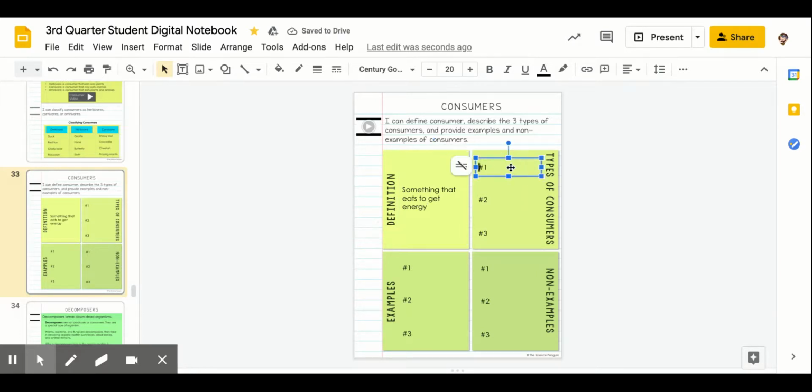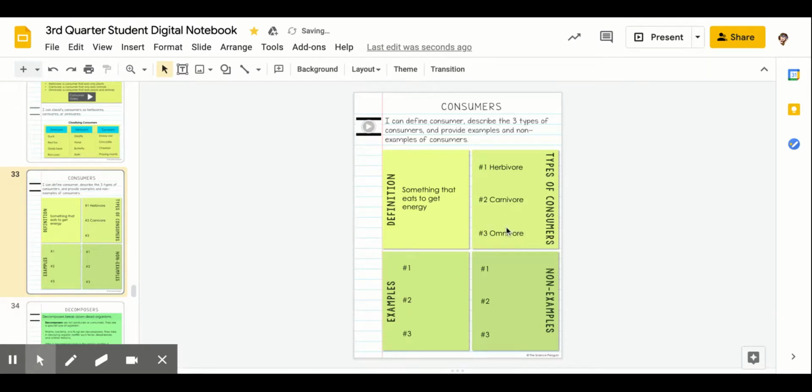And the types of consumers that we had: our herbivore, we had our carnivore, and then we also had our omnivore. So examples for those.